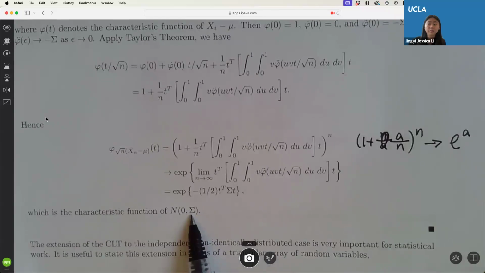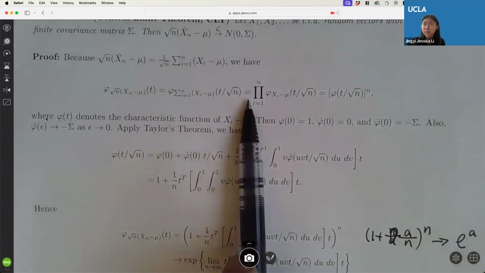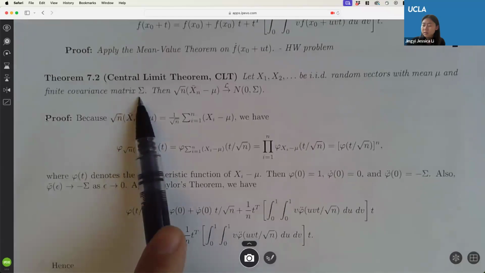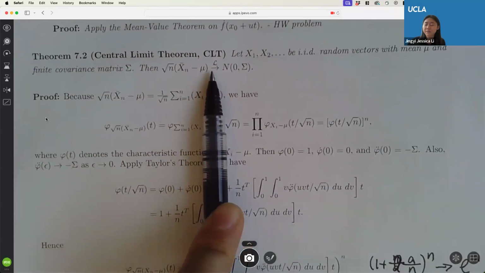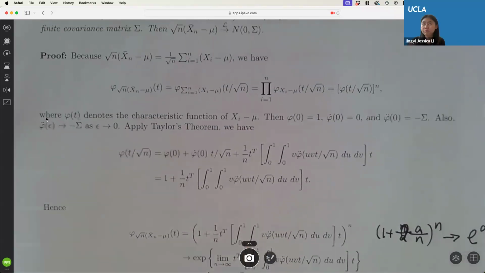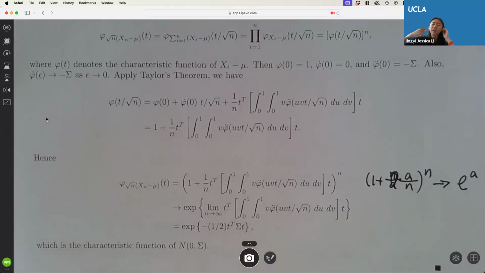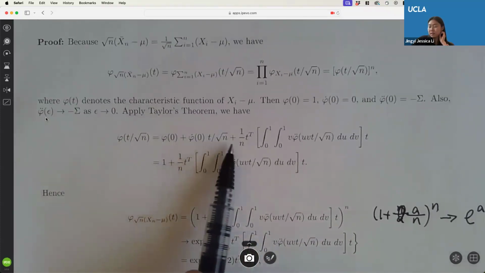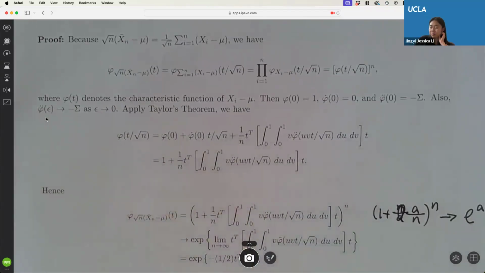And then you're done. So essentially, we're using the pointwise convergence of the characteristic function for t to get the central limit theorem. And this is the application of Levy's continuity theorem. Okay, so with this, actually, it's not that difficult. Basically, you apply Taylor theorem to get this 1 plus something over n term, and then you raise this whole term to the power n.